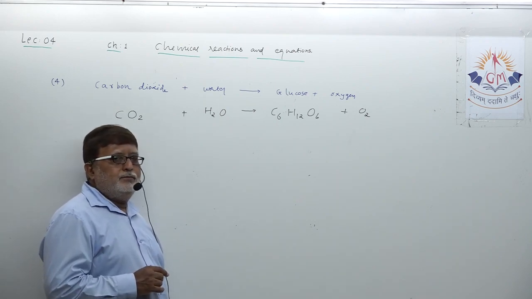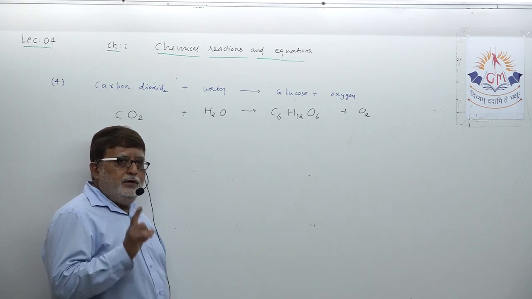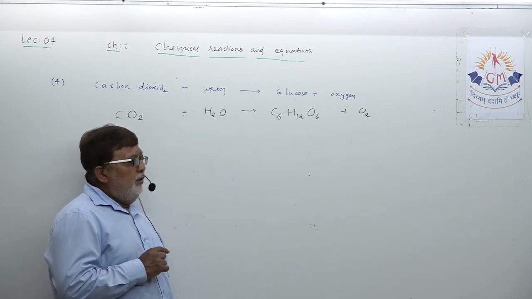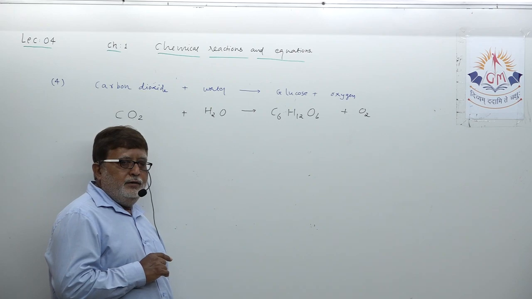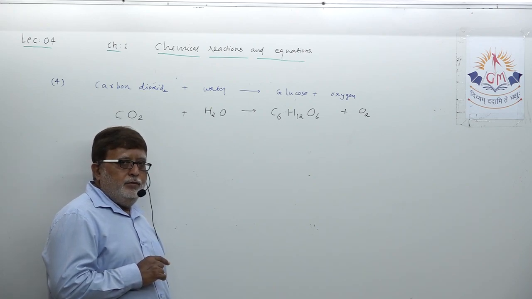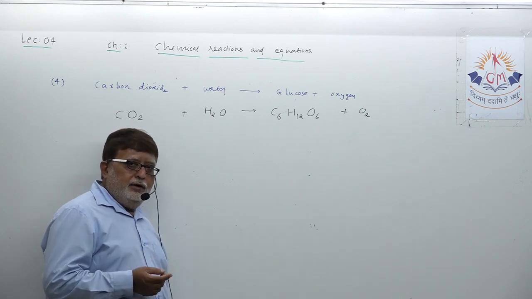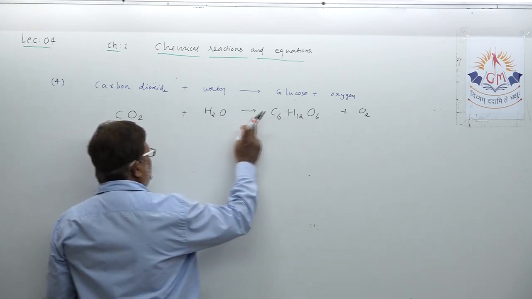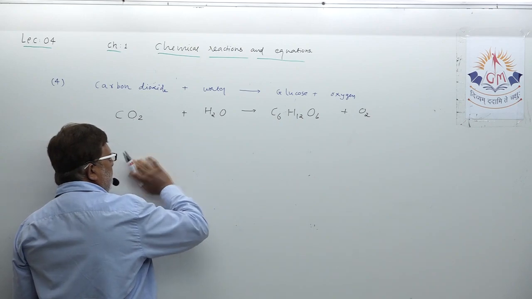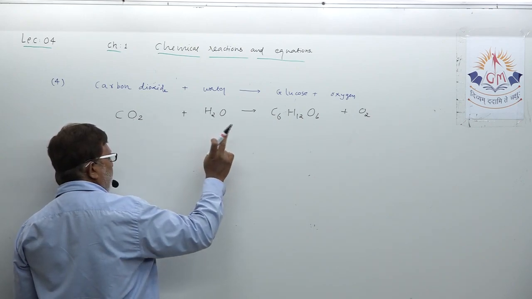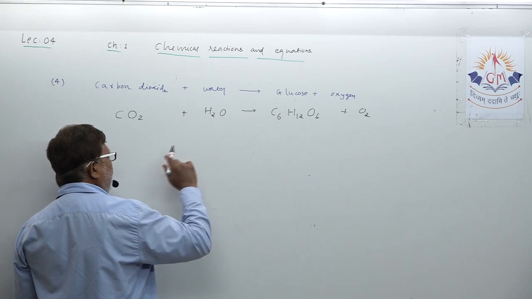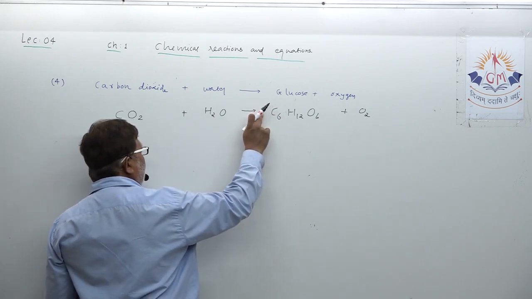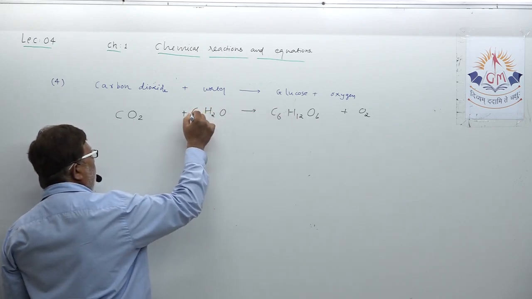In that, as per hit and trial method, target the element having the maximum number of atoms. Carbon 6, oxygen 6, hydrogen 12. Let us target hydrogen. Here 12 hydrogen, here 2 hydrogen. If you take the LCM of 12 and 2, that is 12. So here you just multiply by 1, already 12 here, here 6.